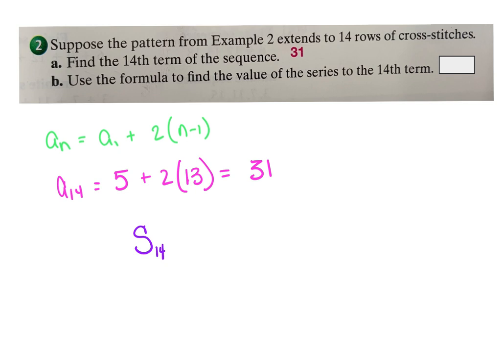The summation of the 14 rows is going to be the 14 over 2. My first term is still 5. Now my last term is what? 31. It's 31. All right. And so then I'm going to do that. 36 over 2, right? And then times 14. 252 stitches.